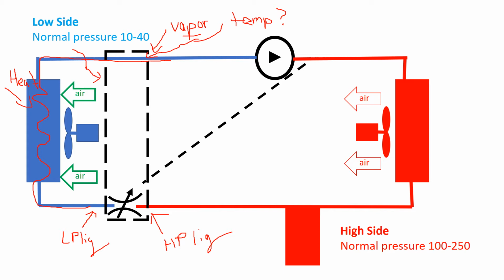The valve can never completely close off. It can go to a minimum flow, but that's all it can do. And coming out of our compressor, we have a vapor under high pressure. And coming out of our condenser, if everything's working right, we have a liquid at high pressure as well. And that continues to circulate all the way back to the inlet of the orifice and repeats the cycle.